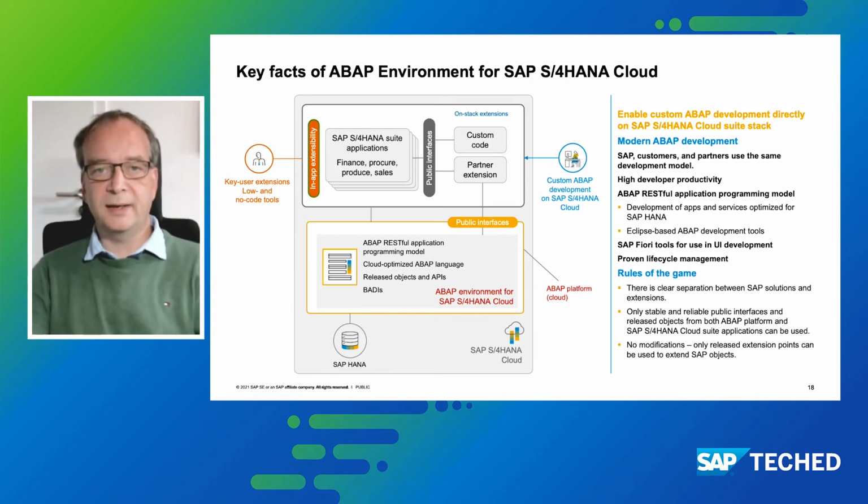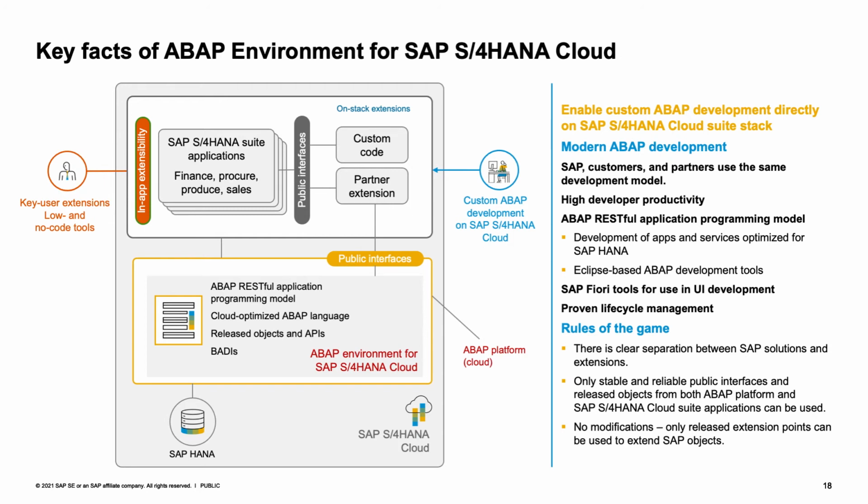It means, like in the past, you could consume or extend everything everywhere. This is not possible, so we have contracts, extensibility contracts, to use objects or extend objects, and only those objects which have been foreseen for either key user extensibility or developer extensibility can be used or extended.